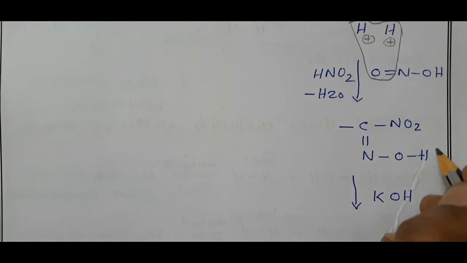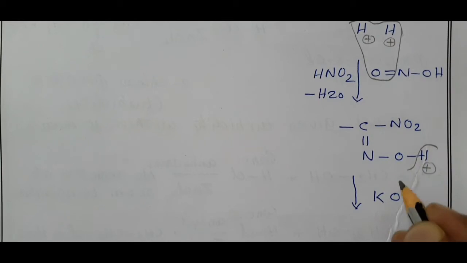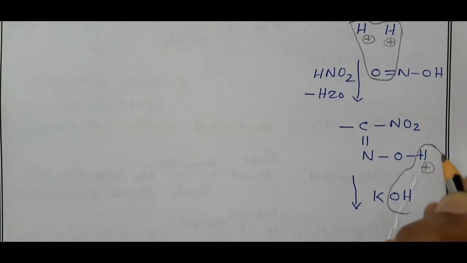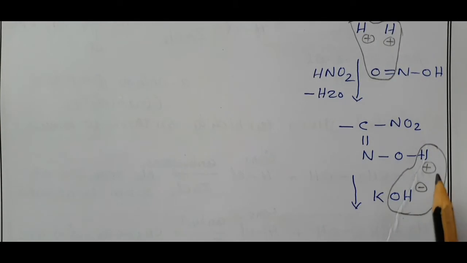Finally, this compound is treated with potassium hydroxide, which is a base, we know. This hydrogen is acidic hydrogen. Acidic hydrogen, H plus, undergoes reaction with base. Remember, only because of the presence of acidic hydrogen does the base undergo reaction.